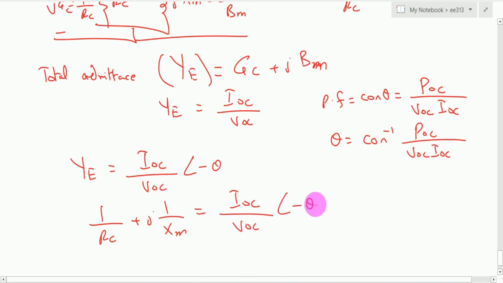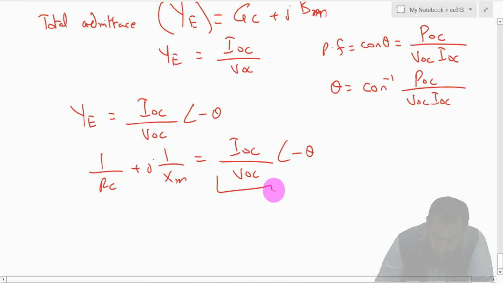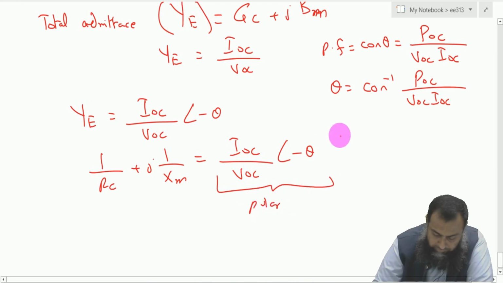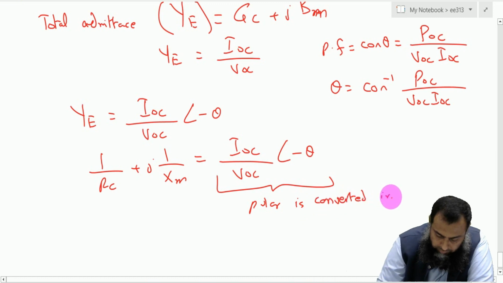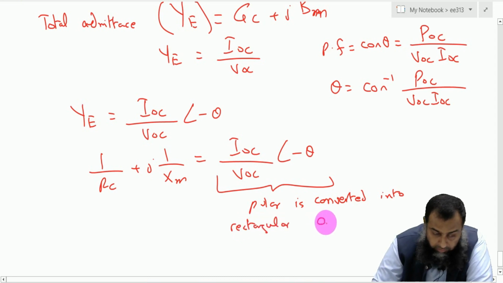Because this is a polar coordinate form, once we get some value, polar is converted into rectangular form, and that is equal to, let us say, A plus jB.